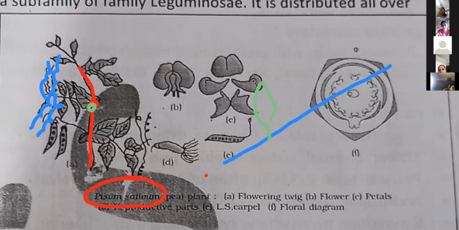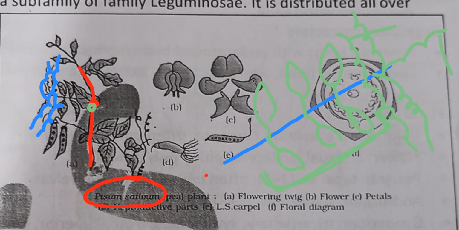We have discussed that terminal leaflets convert into tendril form. These are the tendrils. Now the leaflet number is decreasing, so it creates trouble in photosynthesis. Enough amount of food is not formed. That's why these foliaceous stipules are formed. Remember this thing?